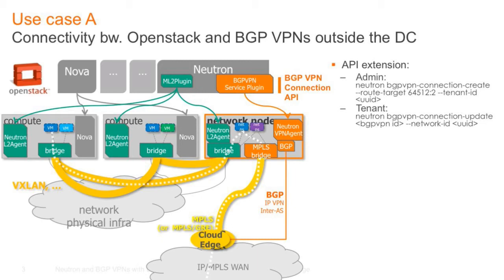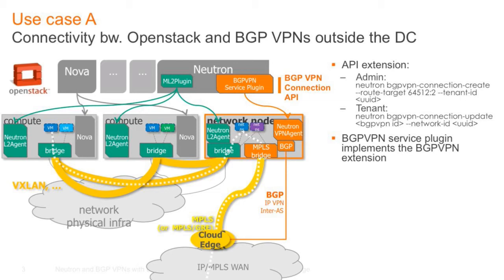With this API, an admin can describe a BGP VPN connection based on route target information, and a tenant can potentially plug its Neutron network to the BGP VPN connection by updating the BGP VPN connection.